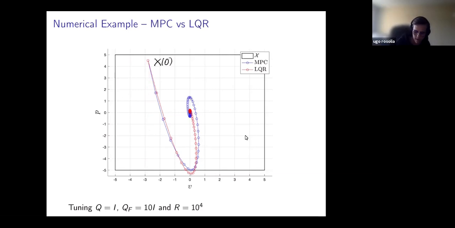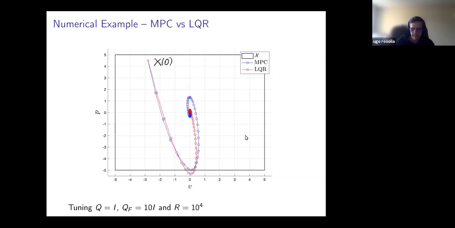In this example, our constraint set is given by this black box, the set calligraphic X. Here we see the closed loop trajectories for the LQR and the MPC. What we see is that the LQR violates our safety constraints. This is expected, because in the LQR we do not consider state and input constraints. On the other hand, the MPC realizes that it has to brake and decelerate quite harshly to guarantee that we are contained in these safety sets.